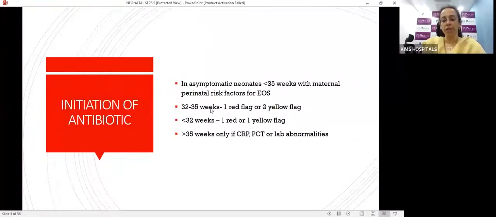If the baby is between 32 to 35 weeks of gestation, then we should look for one red flag or two yellow flag signs, and then decide about initiation of antibiotic. For a baby who is born at less than 32 weeks, any red or yellow flag is considered an indicator to begin the antibiotic. So these are the guidelines for the initiation of antibiotic in any baby where neonatal early onset sepsis is suspected.